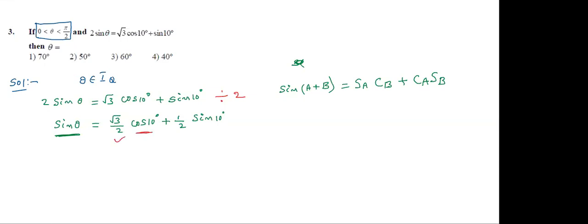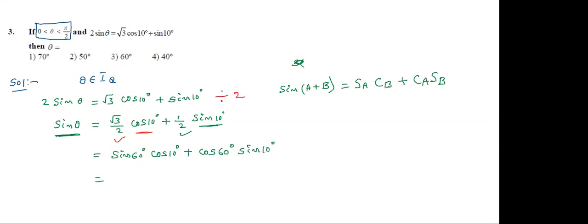Now here we need sine. So root 3 by 2 means how many degrees in terms of sine? Sine 60 degrees. Cos 10 plus, here sine is already there. Now we need cos. 1 by 2 means how many degrees in terms of cos? 60 degrees. Cos 60 into sine 10.